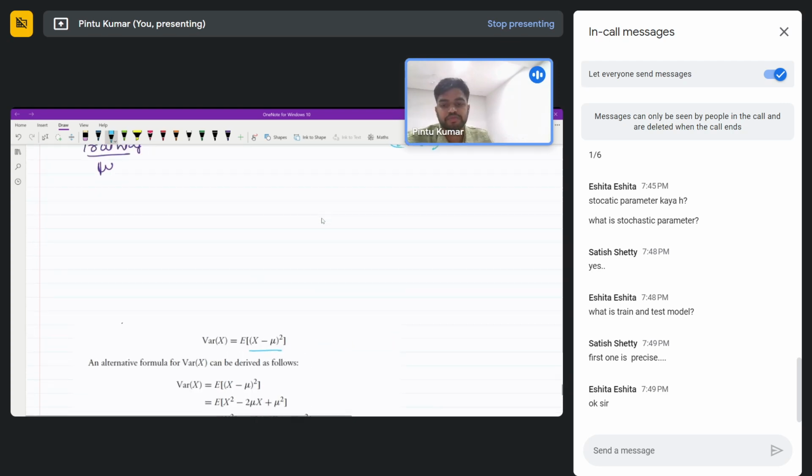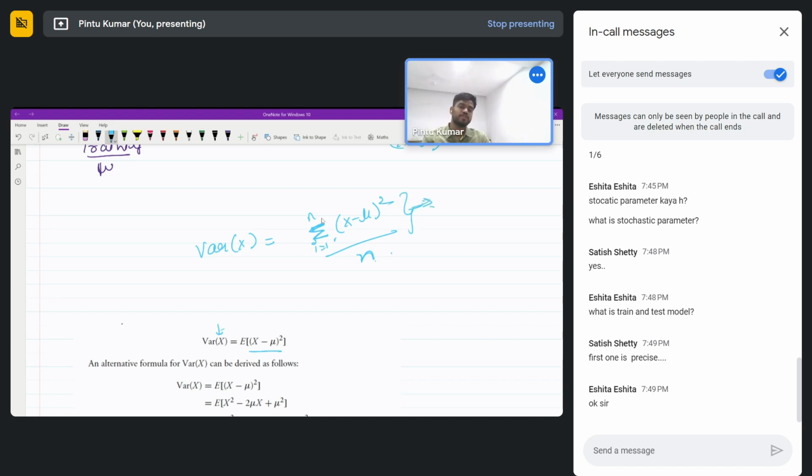Okay, so variance of x is nothing but, if you have some data points, summation from 1 to n of x minus mu square divided by n. Now when we talk in terms of a random variable, the assumption for this formula was that every data point is equally likely.